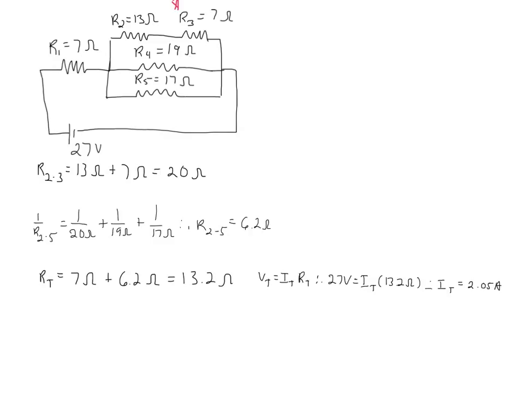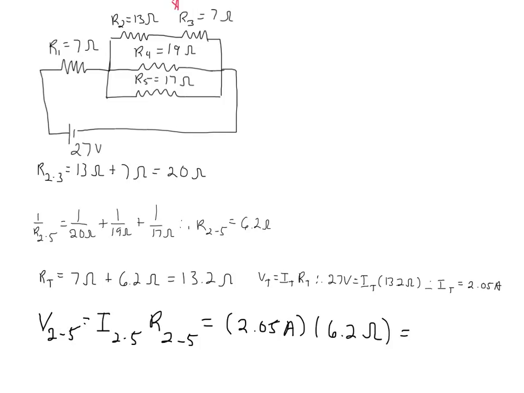Now we're going to use that current and the resistance of this whole thing to find the voltage across it. So V of 2 through 5 equals I of 2 through 5, which we found to be 2.05 amps, times R of 2 through 5, which is 6.2 ohms. So the voltage of 2 through 5 equals 12.7 volts.